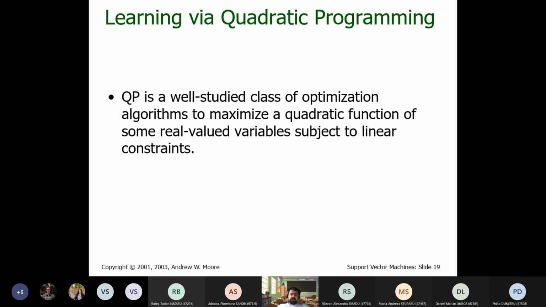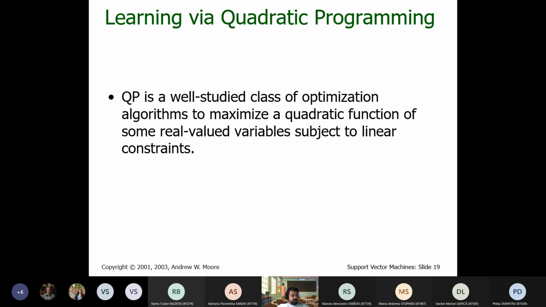Quadratic programming is a well-studied class of optimization algorithms to optimize a quadratic function of some real-valued variables that are subject to some linear constraints. It's not something very easy to do. I mean, these algorithms were the results of some PhD programs.